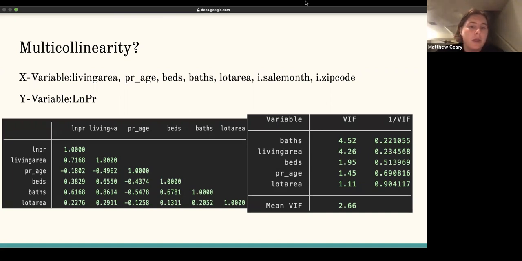And so looking at the correlation matrix and the VIF test right here, we can see that there's multicollinearity with living area and LN price, baths and LN price, living area and baths is a very high one, beds and living area, and finally beds and baths.